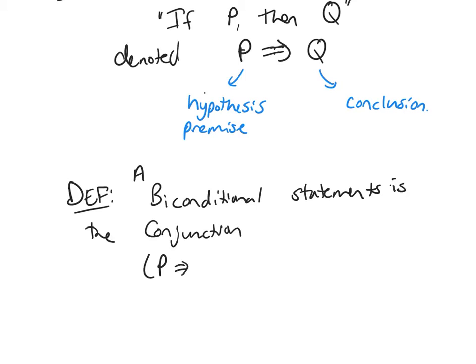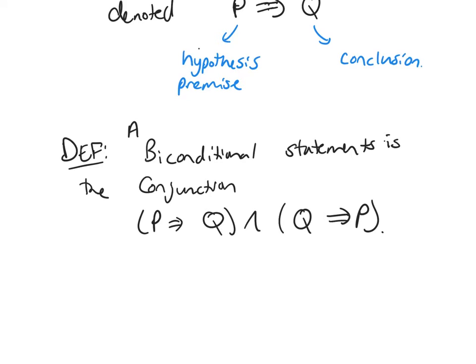It's if P then Q and if Q then P. The way we denote a biconditional statement is with a double arrow. P, a double arrow, Q.